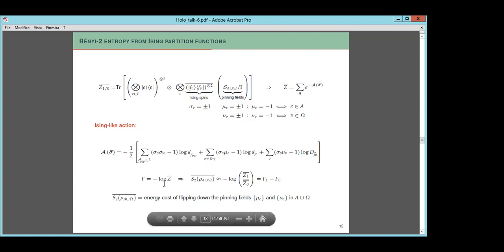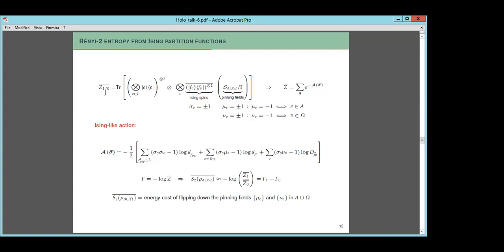Then we can define a free energy for this model, and so the Rényi entropy is finally given by the difference between the free energies corresponding to the Z1 and Z0 partition functions.